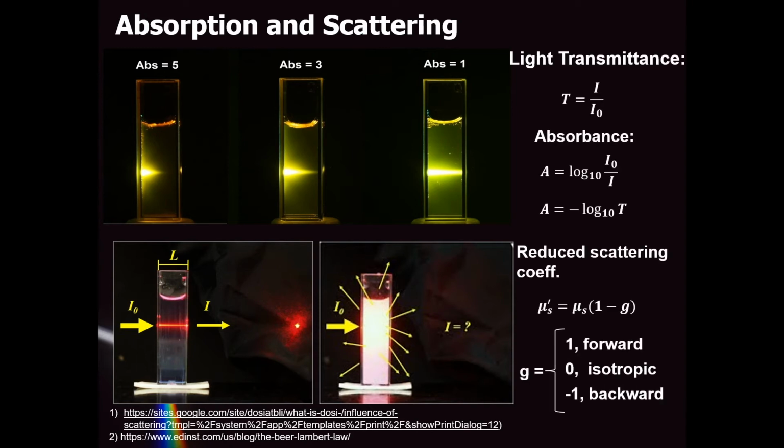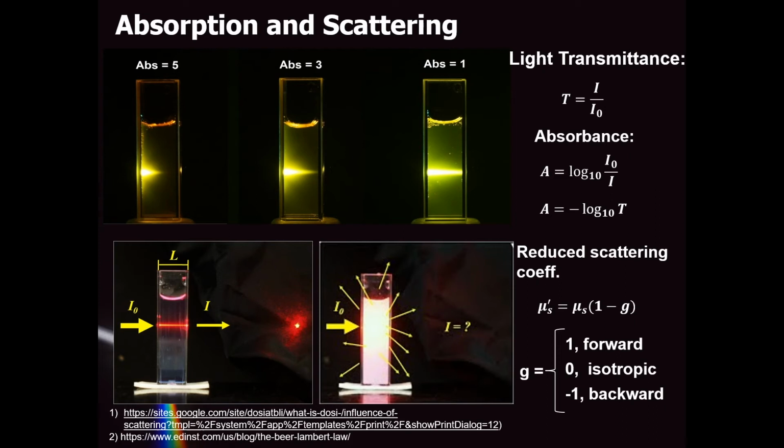Now let's talk a little bit about absorption and scattering. What we really mean by absorption or scattering of light through tissue or any other medium. Light can be transmitted through the medium and come out of the other end.